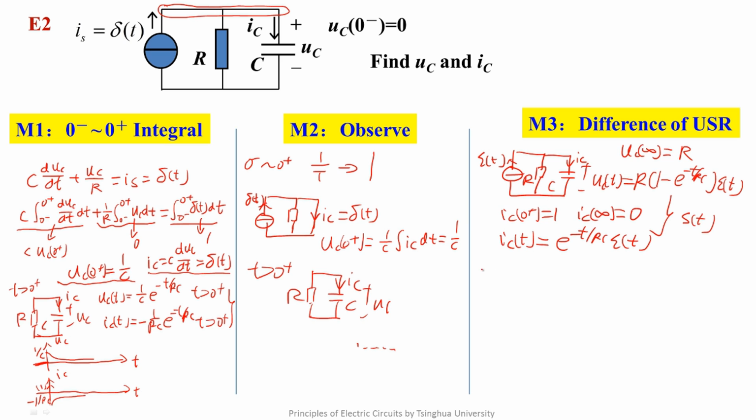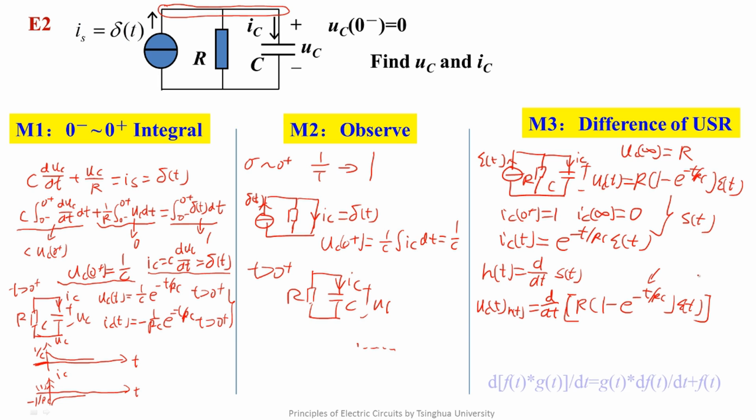Because h(t) is a derivative of s(t), we can solve the unit impulse responses of UC and IC respectively. UC(t), that is h(t), equals the differential of R times 1 minus e to the power of minus t over RC times epsilon(t). We can find there are two terms with t, so we need to differentiate them respectively.